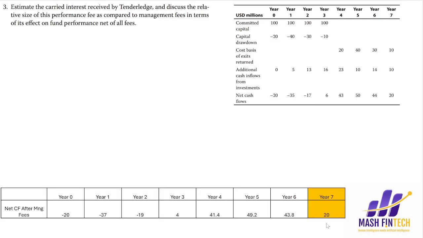Question number 3. You've been asked to estimate the carried interest received by Tenderledge and discuss the relative size of these performance fees as compared to management fees in terms of its effect on fund performance. All right. So I've put this again because we want to estimate the carried interest.